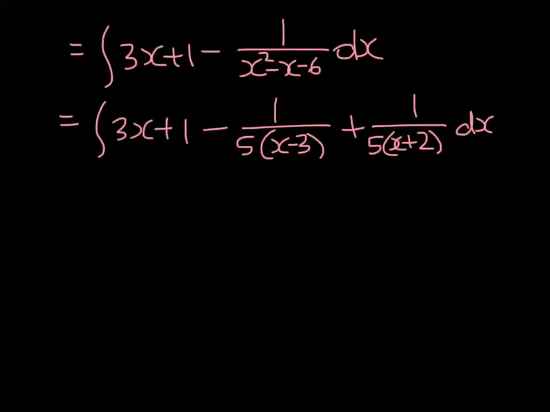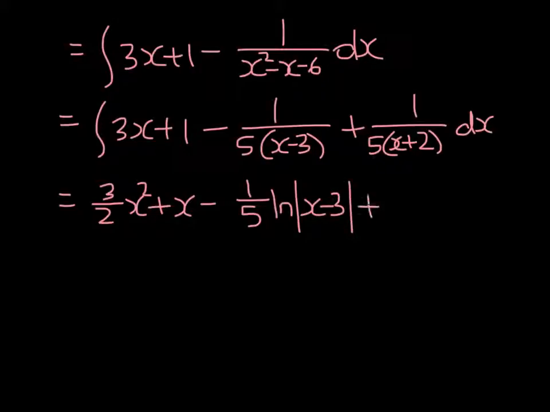So the first part integrates easily as just 3 over 2 x squared plus x, and then the second part is minus 1/5 times the ln of x minus 3 plus 1/5 times the ln of x plus 2 plus c. And there's our final answer.